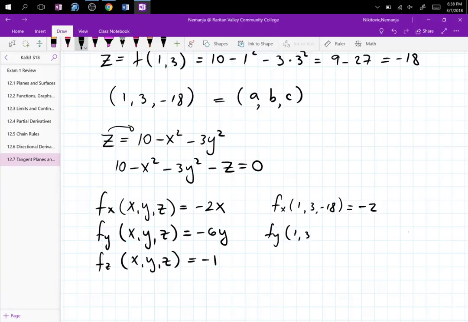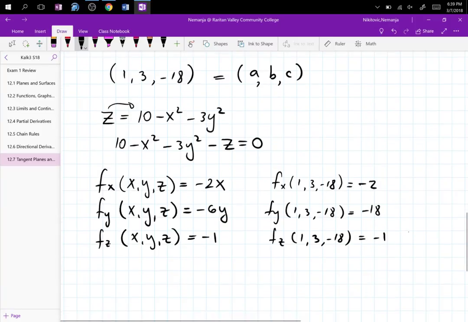Fy is negative 6 times 3, which is negative 18, good. And Fz is just negative 1, because there's nothing to plug in.